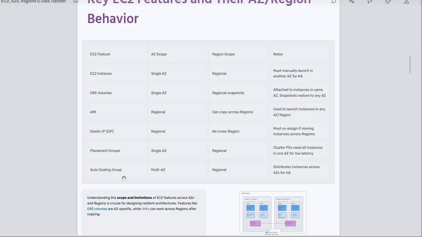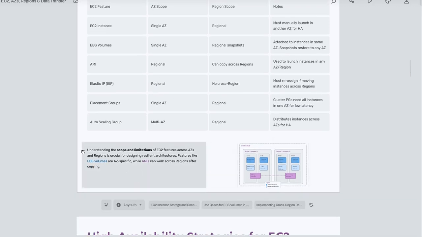Auto Scaling group, right? An Auto Scaling group is in a region, across multiple availability zones. It's a regional service. It distributes instances across availability zones for high availability, right?